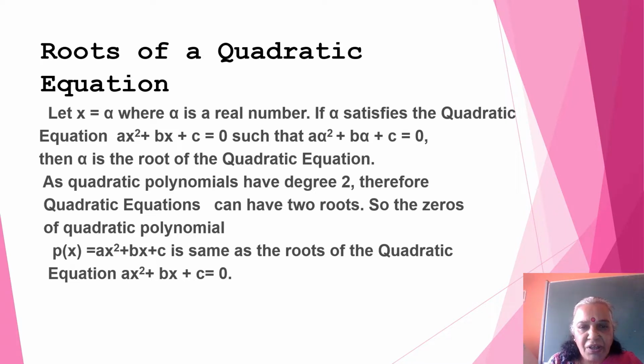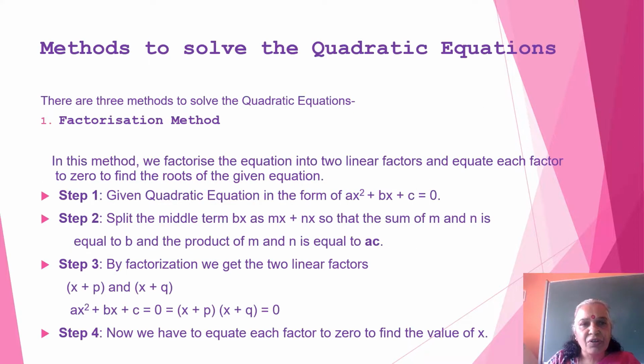As quadratic polynomials have degree 2, a quadratic equation can have two roots. So the zeros of a quadratic polynomial p of x equal to ax square plus bx plus c are the same as the roots of the quadratic equation ax square plus bx plus c equal to 0.